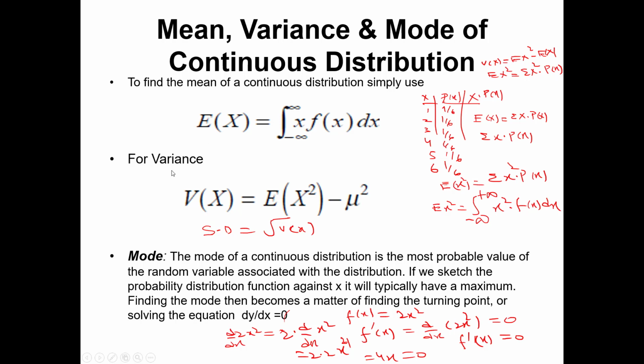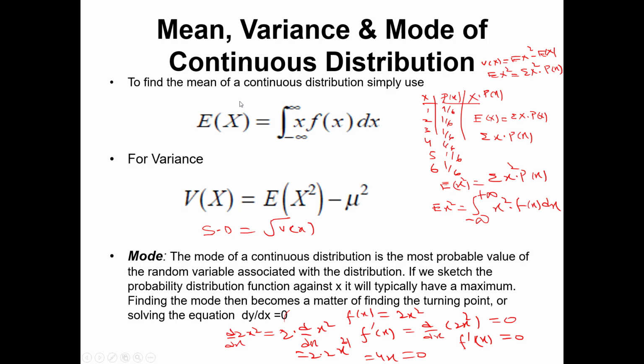Similarly, for the variance the formulation is the same, but for E[x square] we will use this formula: E[x square] is equal to the integral from minus infinity to plus infinity of x square into p(x). For the mean it is x to the power 1, but for E[x square] the power becomes x square.